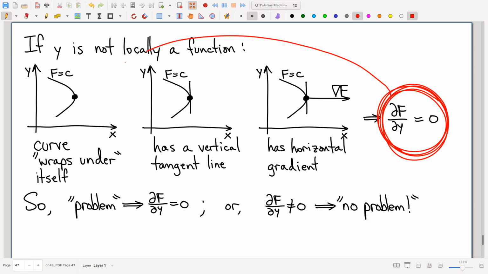Then it's possible it could look like this, in which case it's not locally a function, but it also could, okay, here's a test of my art skills, look like this, in which case, even though there's a vertical tangent line, it actually passes the vertical line test.